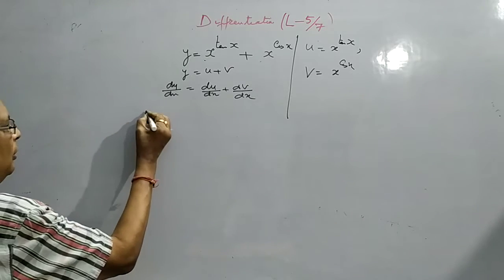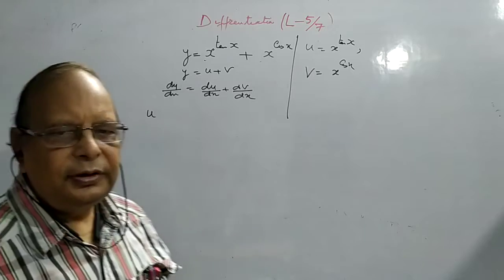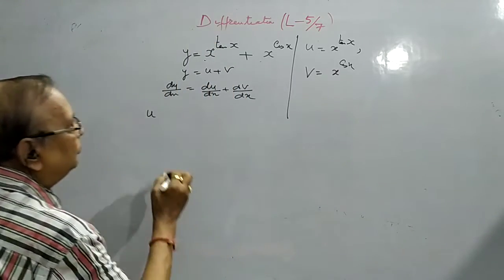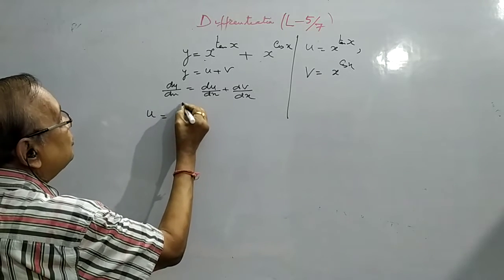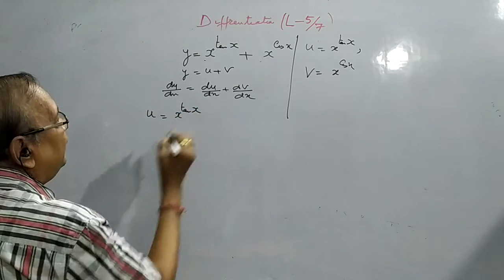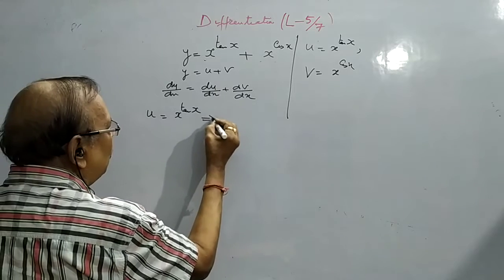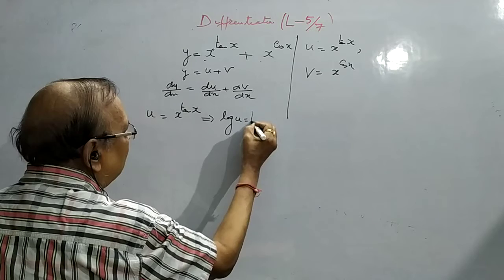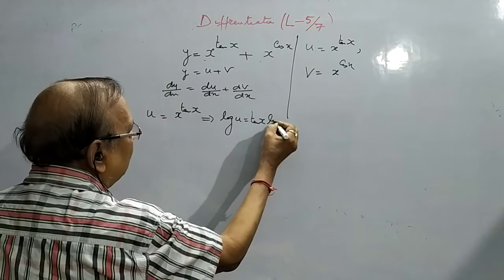First of all, we have to find du by dx. So u is equal to x raised to the power 10x. Taking log of both sides, log u is equal to 10x log x.